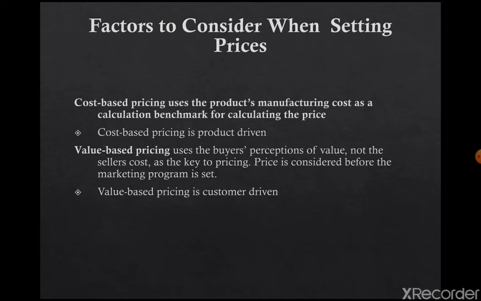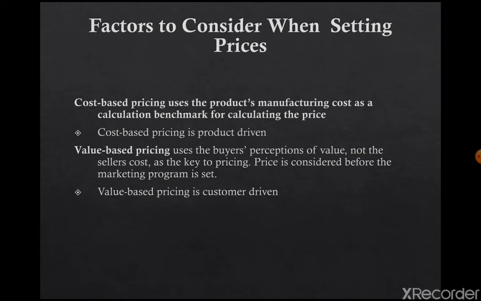So that 20% you add over and above that 1,000, the cost incurred on one product. Maybe that is 1,200. So that 1,200 would be the price of your product, and that 20% is the margin of your profit.